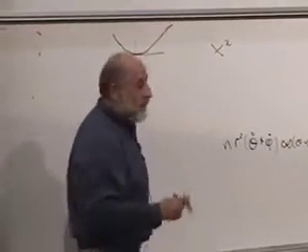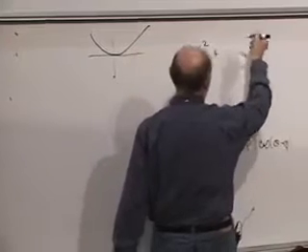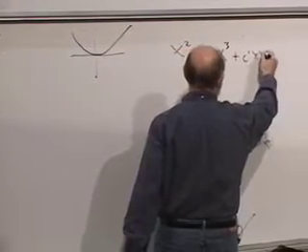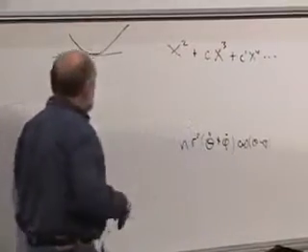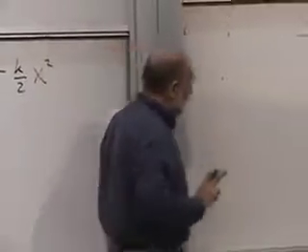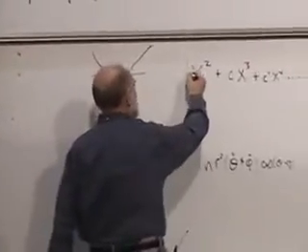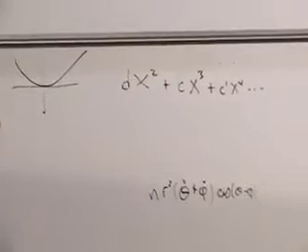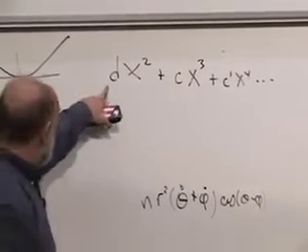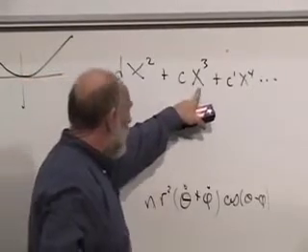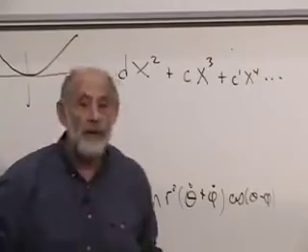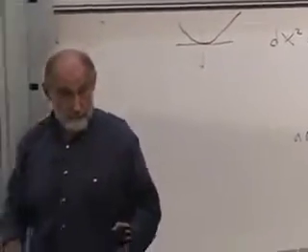Then there's x squared, and then there's all the higher terms that could be there: a constant times x cubed, another constant c prime times x to the fourth, and so forth. There's also a constant here, let's call it d. I've already used c and c prime. It's conceivable to think of a function which begins with order x cubed, in other words, where the constant multiplying x squared is just plain 0.